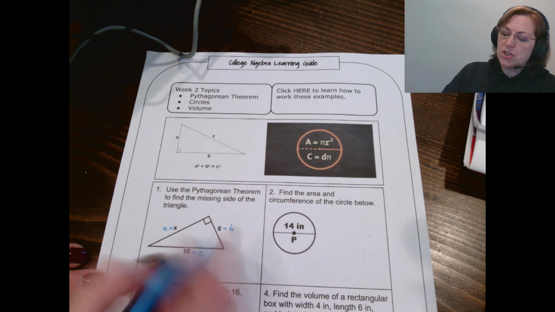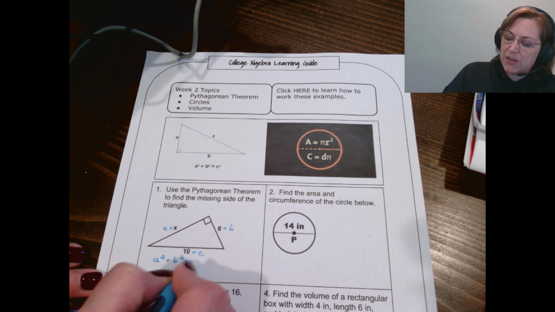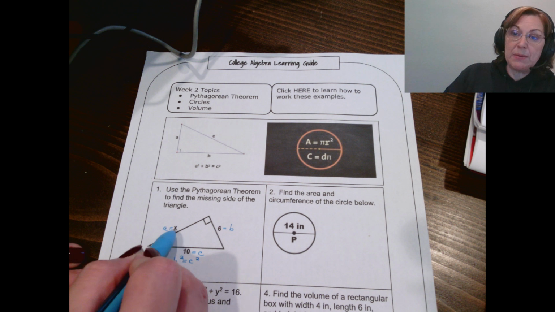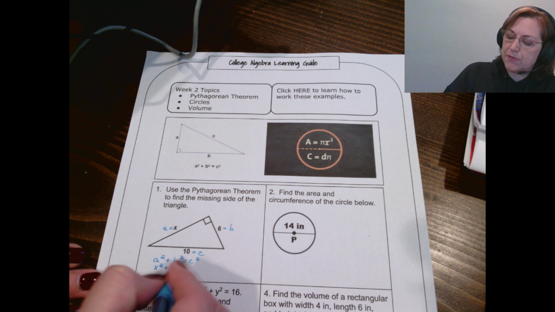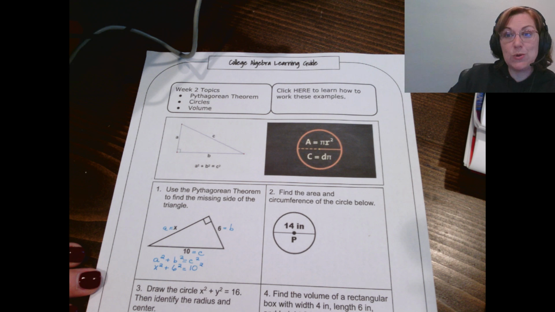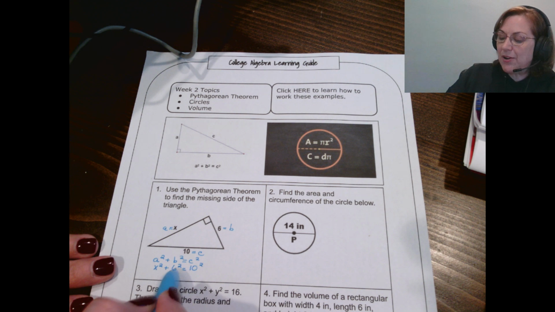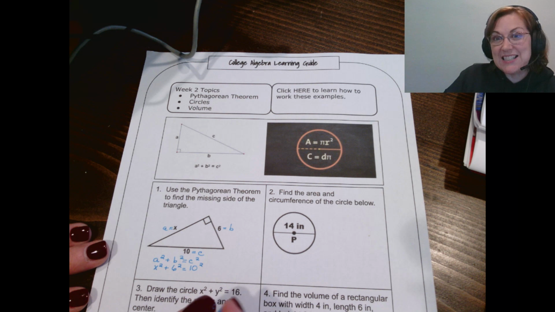So friends, what we'll do now is substitute these values into that Pythagorean theorem formula. I'm going to put in X for A, 6 for B, and 10 for C. Now use your calculator to calculate 6 to the second power. Remember that means 6 times itself.